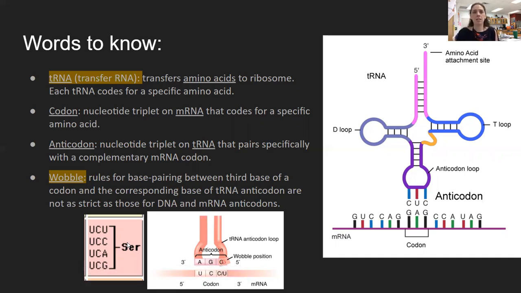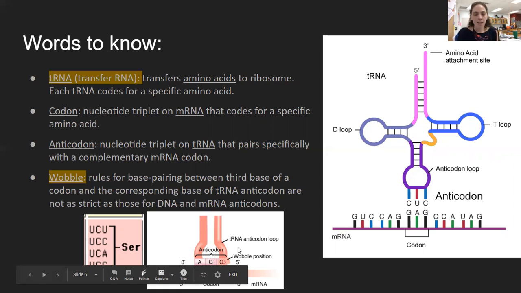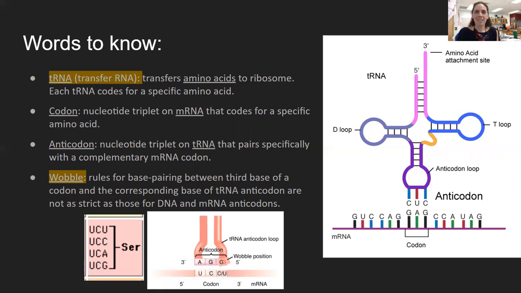And as long as the same amino acid is being produced, we're not going to see a mutation in the phenotype. So this wobble just allows for a little bit of redundancy and protection against mutations, because as long as the same amino acid's being attached, the same protein will be made.